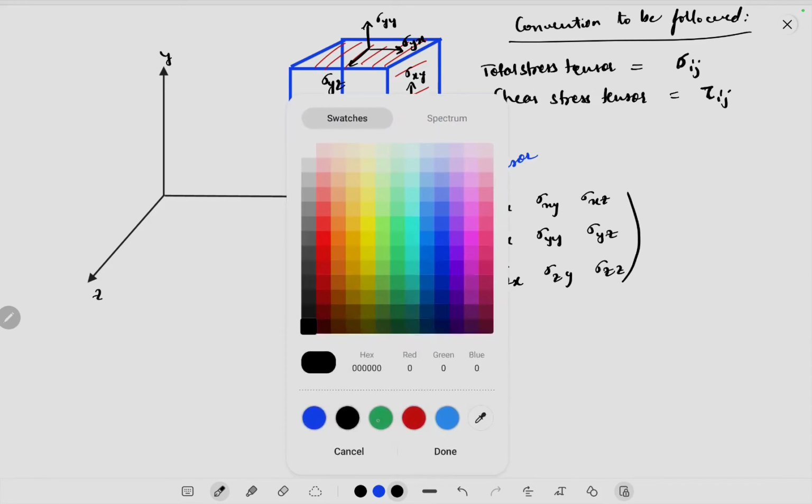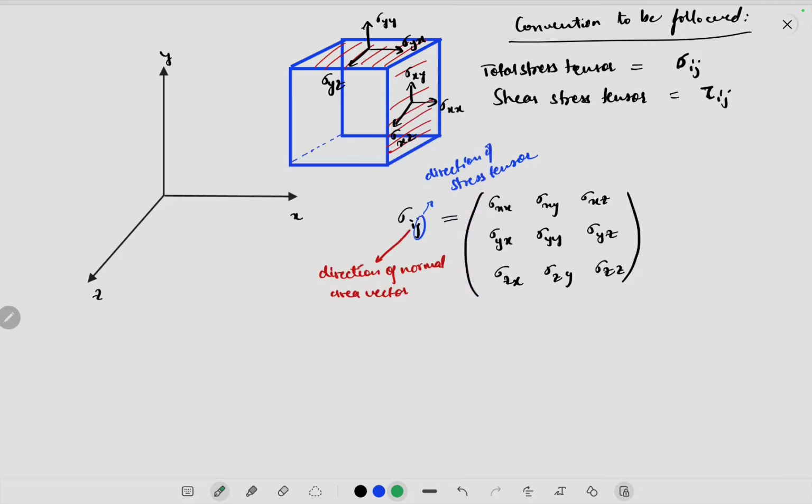Now let's say I want to see how pressure is acting on this face. It will be acting in this direction, and tau xx will be in the direction of sigma xx. So how can I write sigma xx in terms of tau xx and p?